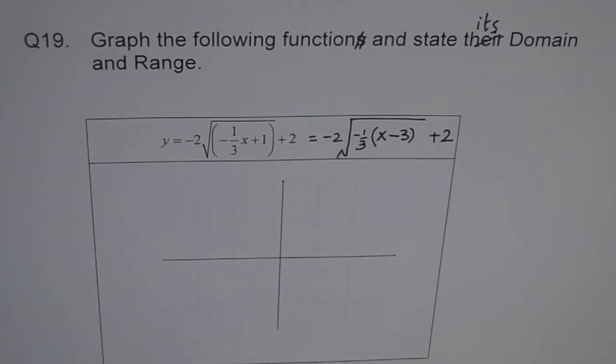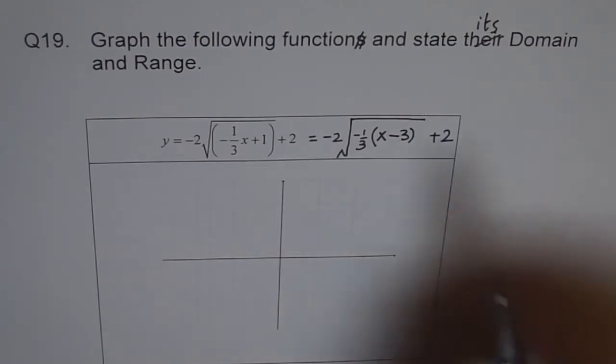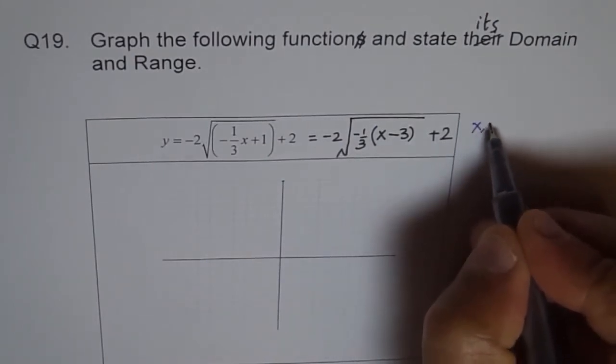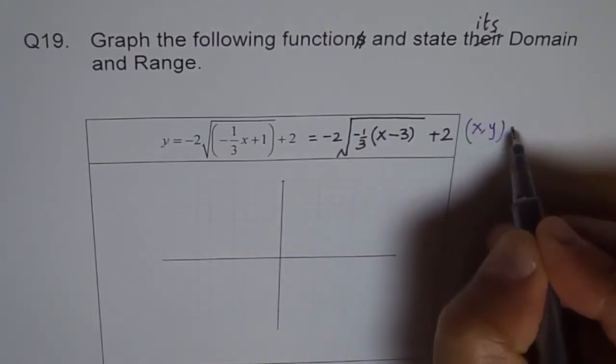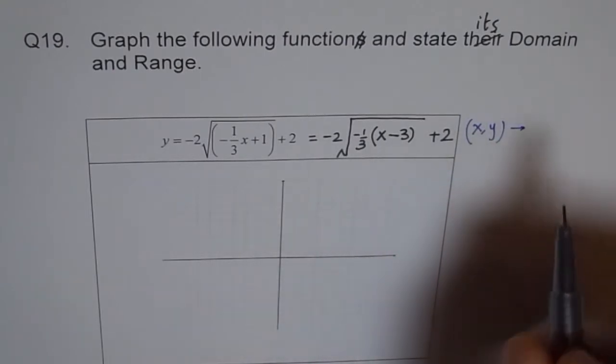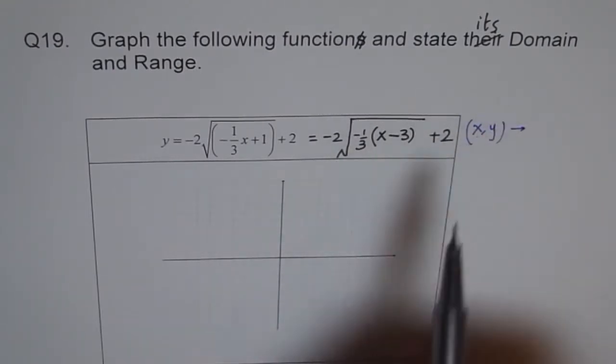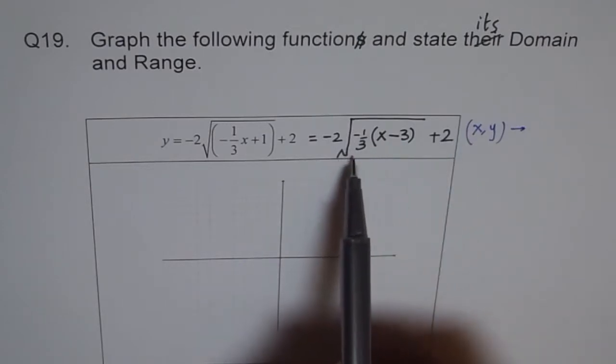Now the second step is to write down the transform points. In this kind of equation, let's say the original points are x, y. As far as x points are concerned, they are influenced by the function itself.